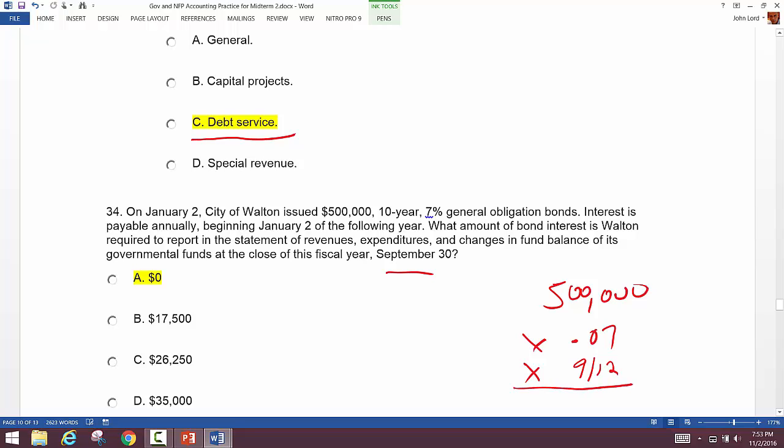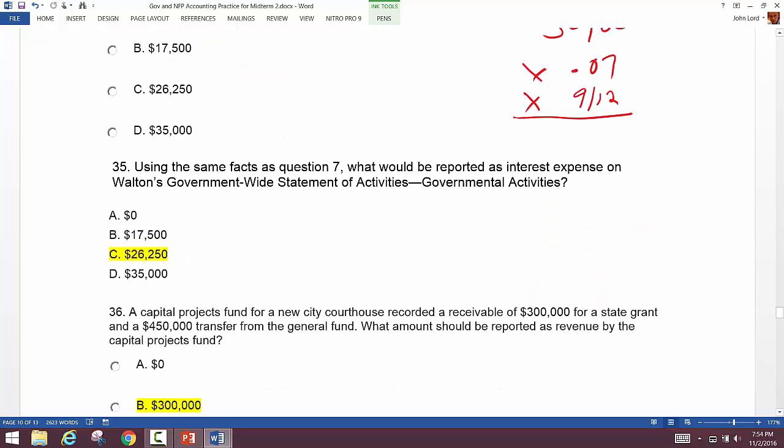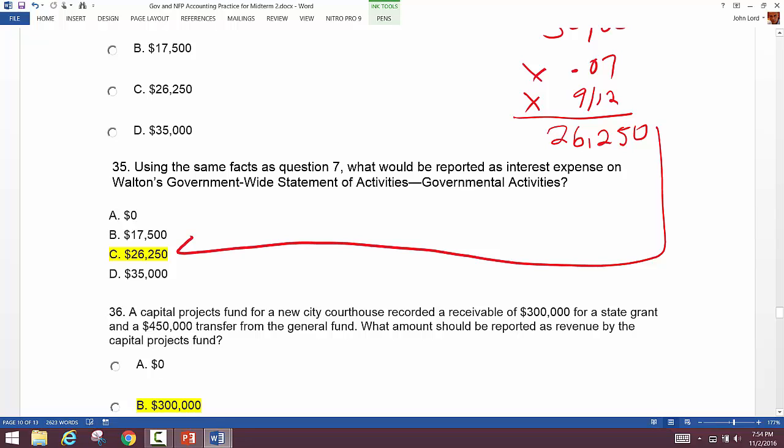That gives me this weird number, 26,250. Two different answers: modified accrual for the fund level, full accrual at the government-wide level, right? Question?